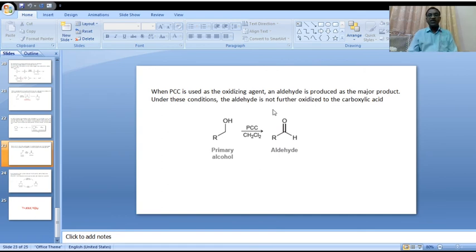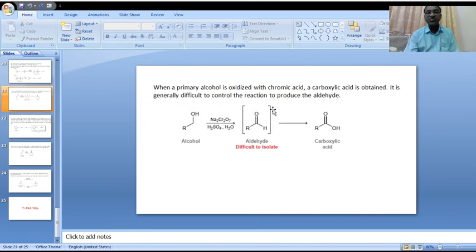Under these conditions, the aldehyde is not further oxidized to the carboxylic acid. Is it clear? In the presence of this PCC, we can prepare the aldehyde only. This aldehyde does not undergo further oxidation.